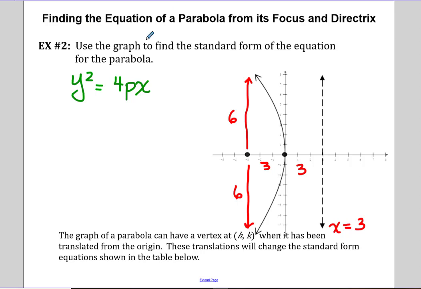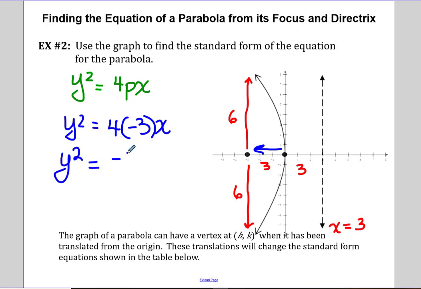So we can tell that our y squared is going to be 4px, and we said it had to be negative p since the parabola was facing a negative direction. So our equation is y squared equals negative 12x. And we have that parabola facing to the left.